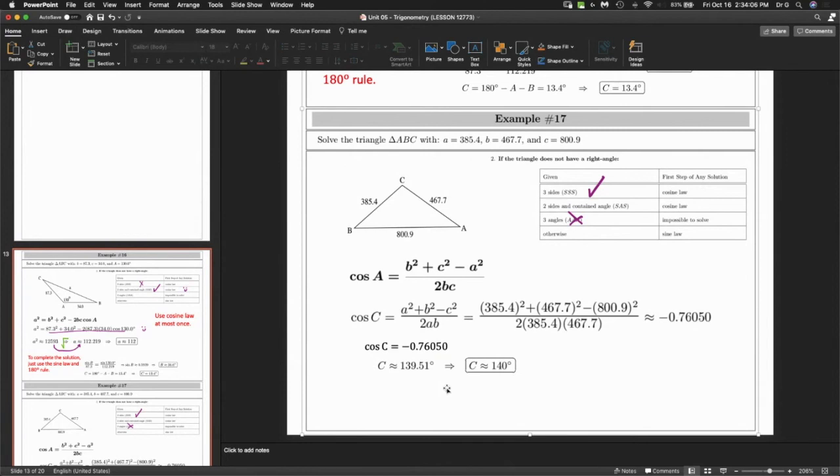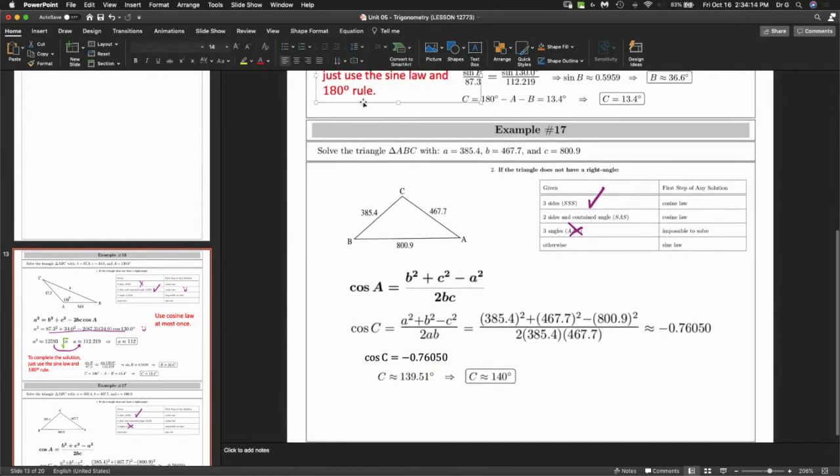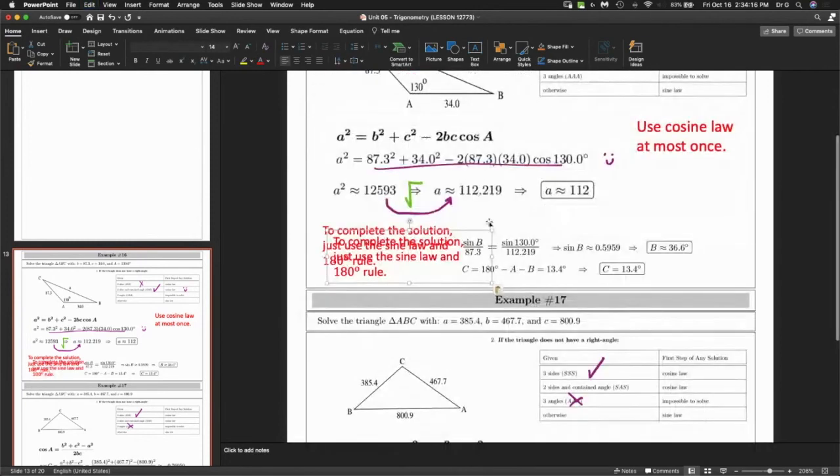Okay, once you have inverse cosine done, and you got the angle there, then you can finish the question with sine law. So it becomes the same thing again.